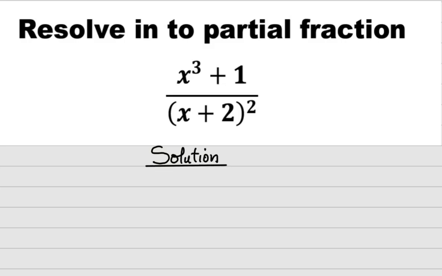So today I will be solving this question displayed on the screen. Now there are two things I want you to take note about this question. One, it is an improper fraction problem.